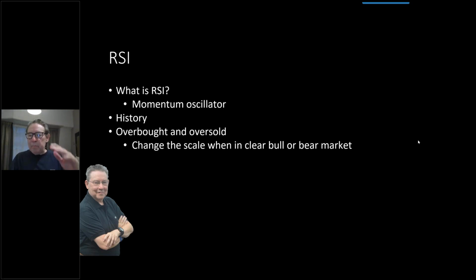So in a clear big bull market, overbought becomes 80. In a clear big bear market, you don't say it's oversold at 30, you say it's oversold at 20. If the market is neutral, use 70 and 30, but adjust the scale of where overbought and oversold is when the market's in a clear bull or bear market. You'll get much better results by making that one simple change.